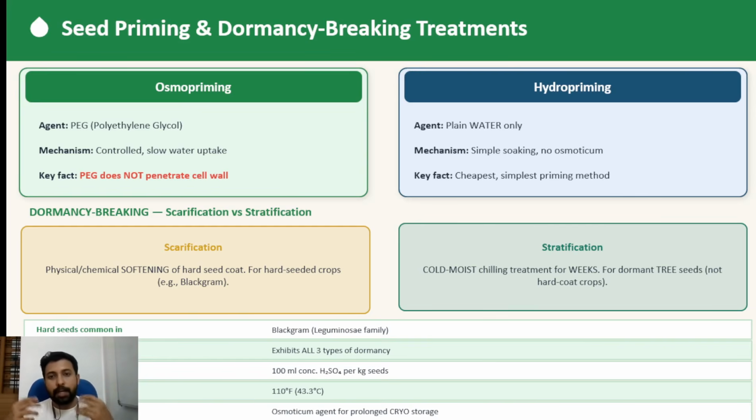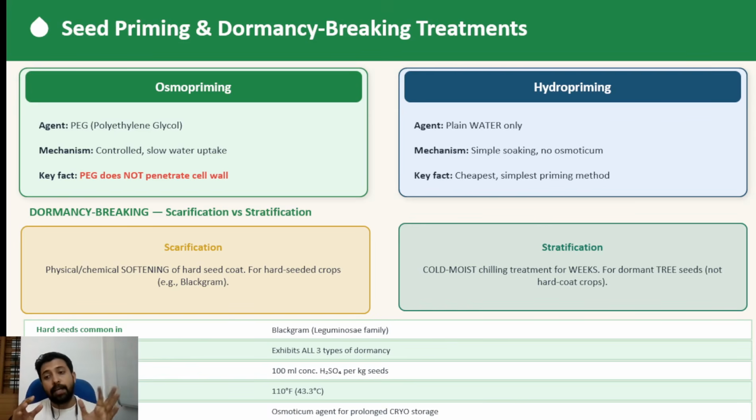This is usually done in some crops where the seed coat is really hard, while stratification is different. It is giving chilling stress, moist chilling stress to the seed for some weeks, and then the seeds will start germinating.